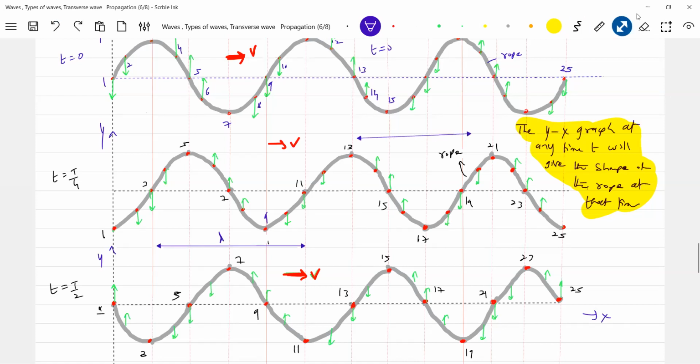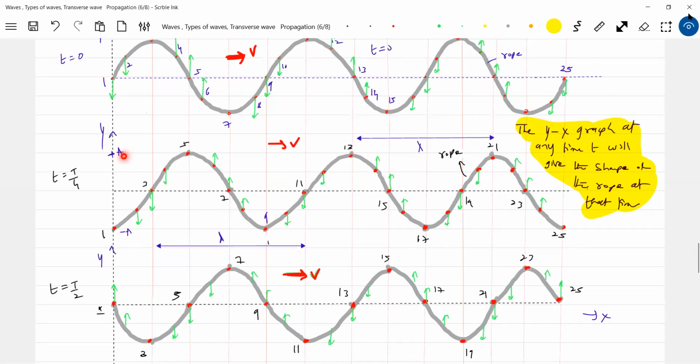Tell me, which graph has more information? Anybody answers? What all can you find out from the y-t graph? You know the amplitude. Let me slowly introduce. Okay, this is the amplitude, plus A, minus A. Am I right? So now in the y-x graph, what all can you find out?